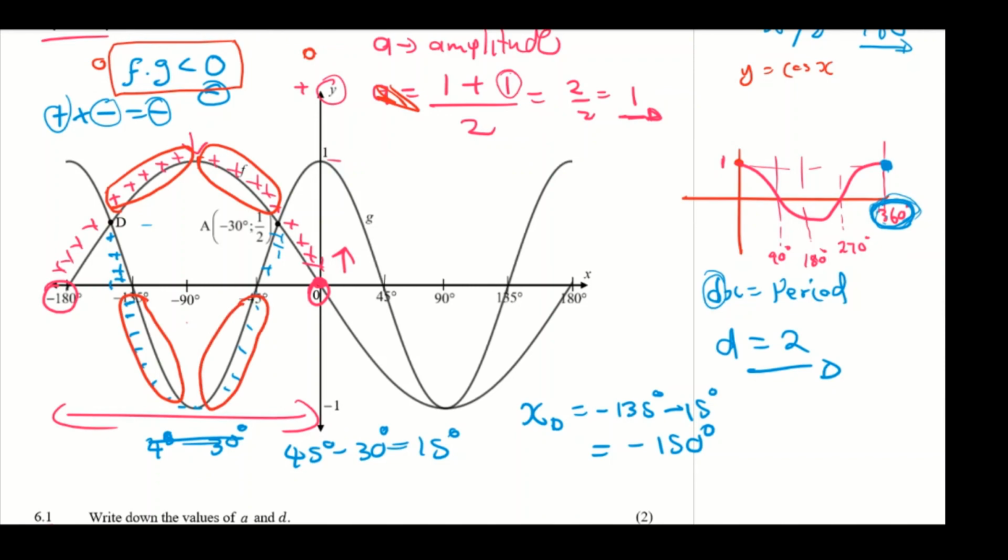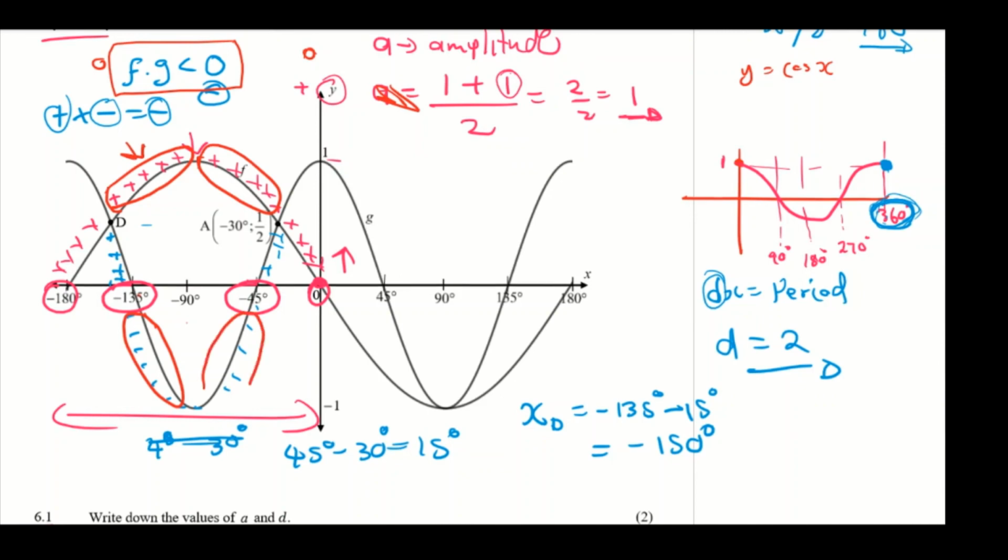So what are the values of x when this happens? If you take a look, we are between minus 135 and minus 45. So between minus 135 and minus 45, the negative will multiply this positive, giving us a negative solution.